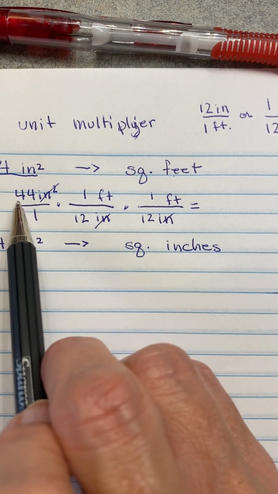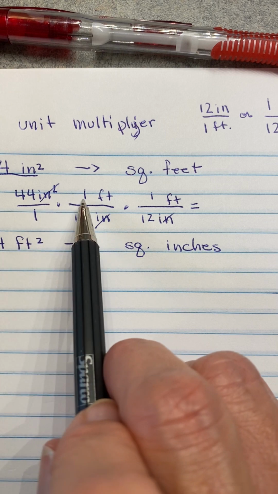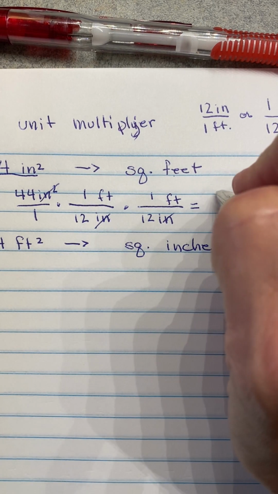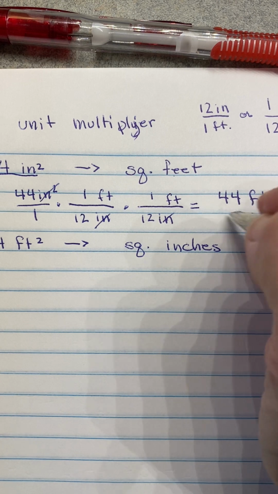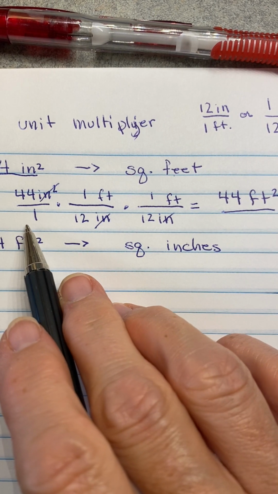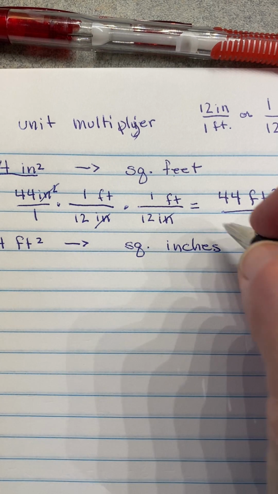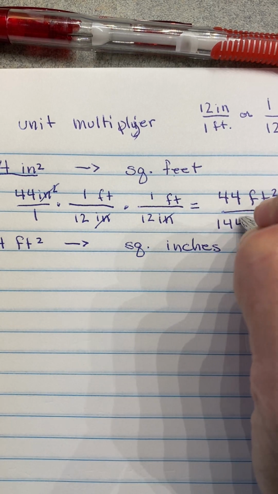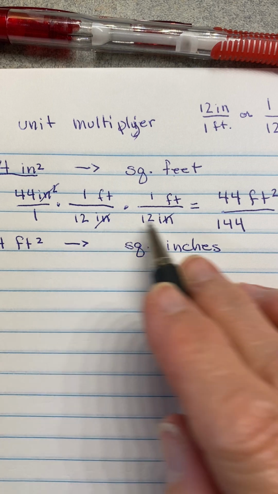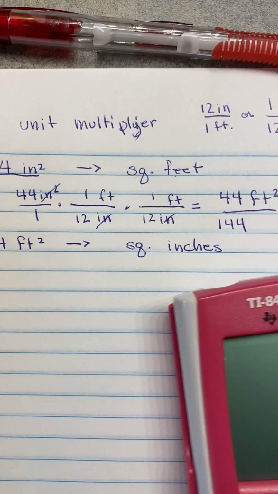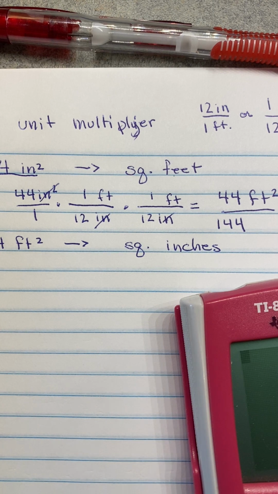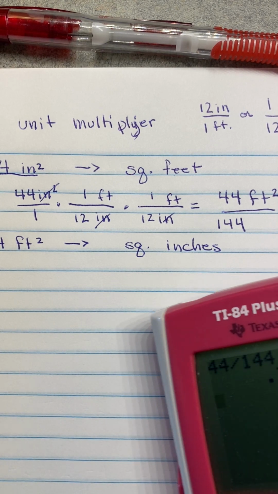So now we just multiply our fractions. 44 times 1 is just 44. And we have feet squared. And on the bottom, 12 times 12 is 144. And we don't have any units there, right? Because they canceled out. Now, if you would like to, we could actually do that math, 44 divided by 144, and get 0.305.